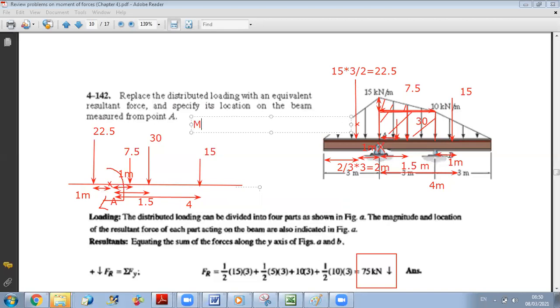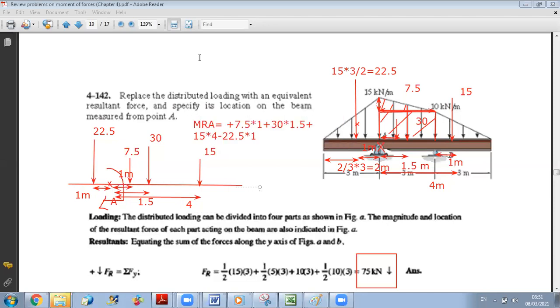M resultant at A is equal to first plus 7.5 times 1, plus 30 times 1.5, plus 15 times 4, and minus 22.5 times 1.